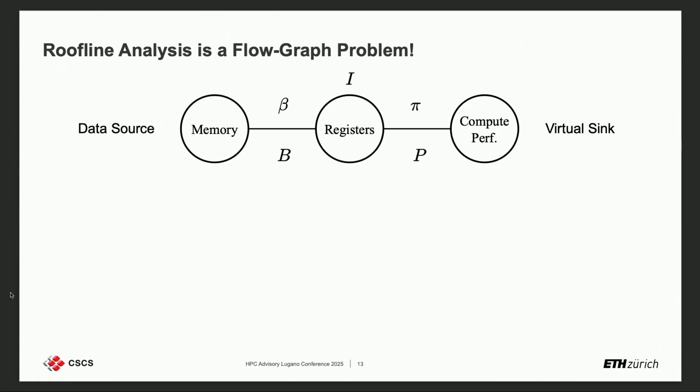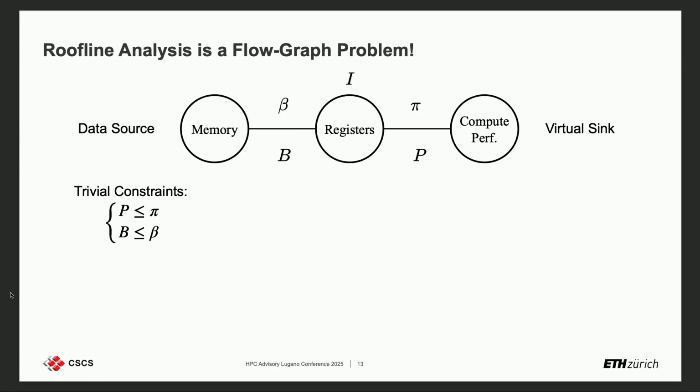By looking at this graph in the following way, you can already define some trivial constraints. The performance must be smaller than the peak compute capabilities of my GPU, and the data transfer must be smaller than the memory bandwidth, because that's simply the peak that the hardware can give.